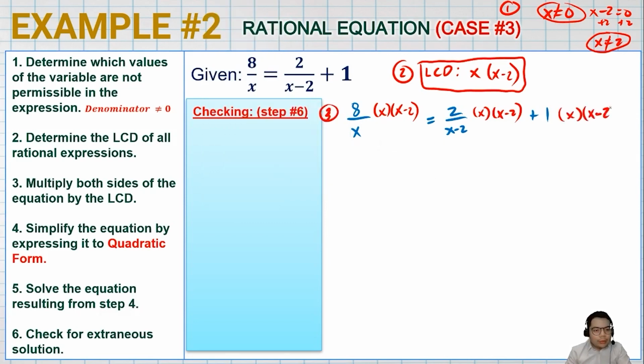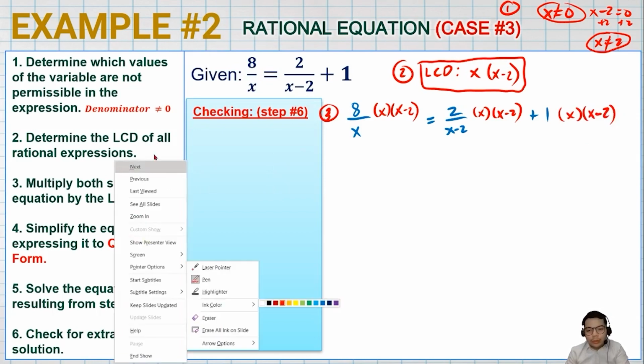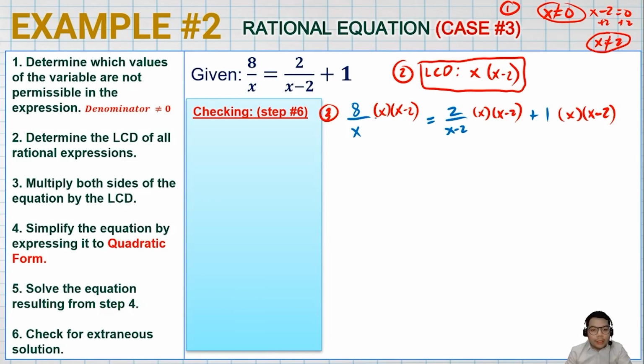So from that, by multiplying, we can first simplify by canceling the following. So we have x, we can reduce this to 1 because x divided by x is just 1.